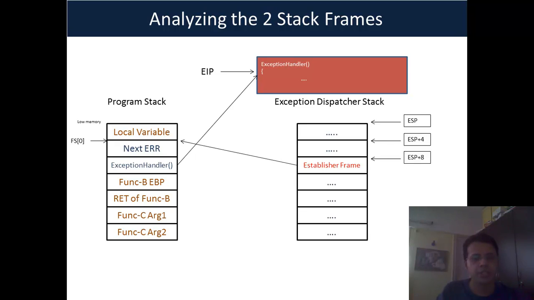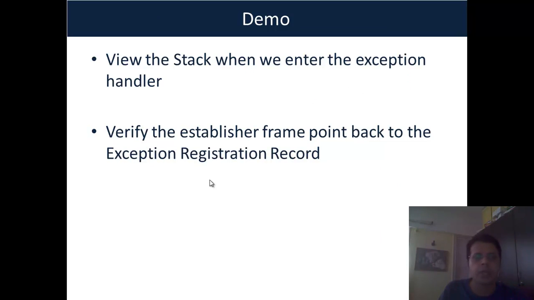As we mentioned, these 4 bytes contain a pointer pointing to the ERR stored on the stack. This is very crucial and important, guys. So pay attention. This points back to the ERR on the stack. So now let's go ahead and verify that this is so.